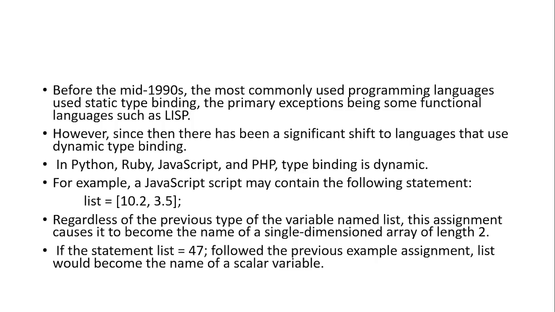For example, a JavaScript program may contain the following statement: list equals 10.2, 3.5, so two elements are there. Regardless of the previous type of the variable named list, this assignment causes it to become the name of a single dimensioned array of length 2.